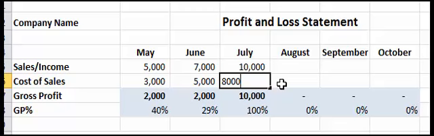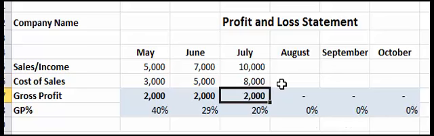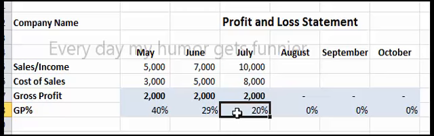The wholesaler hasn't discounted the price. We've just decided to discount our resale price to make more sales. So we've now got sales of $10,000, which is double that of May, but we've still only made $2,000 in gross profit, which now is a gross profit percentage of 20%.